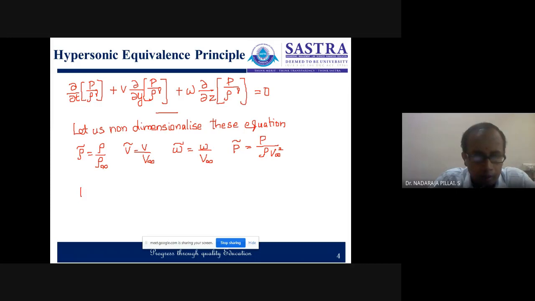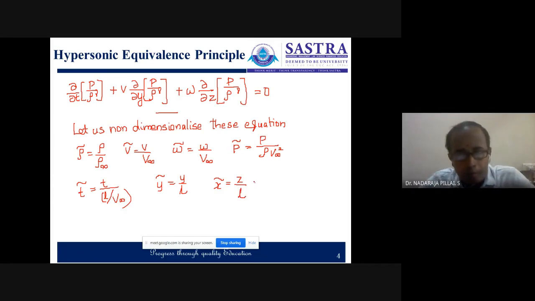And I write the time t tilde equal to t by L by V infinity. You can also check it is dimensionally valid, right? So y tilde, I can write y by L. Similarly, z tilde is equal to z by L.